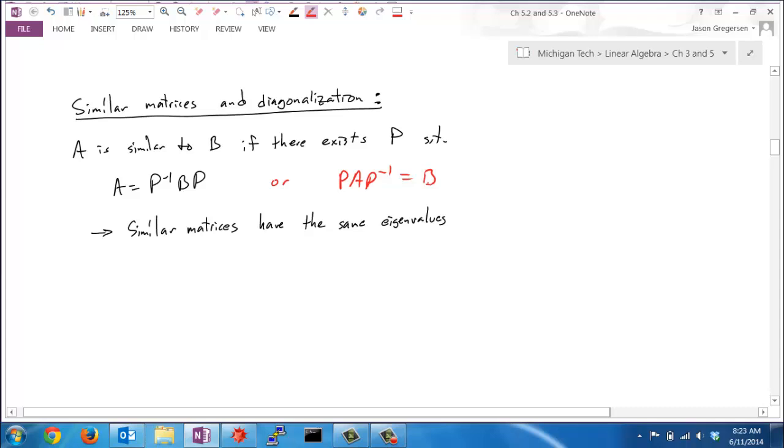Well, if that's true, then the nice thing about A and B is that they have the same eigenvalues. That's the big important property for similar matrices.